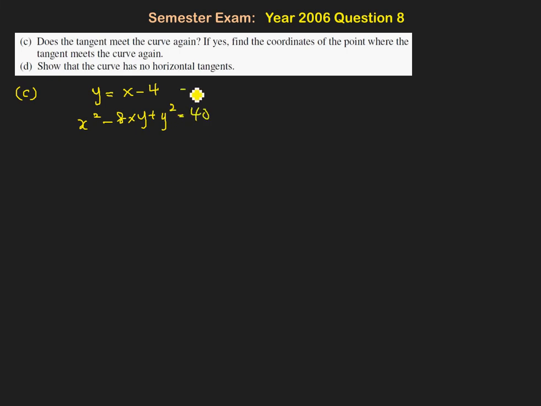So all we need to do is solve this simultaneously and see whether there are more values of x or y. So I'm going to sub 1 into 2, and I should get something like this. Make sure you expand carefully.